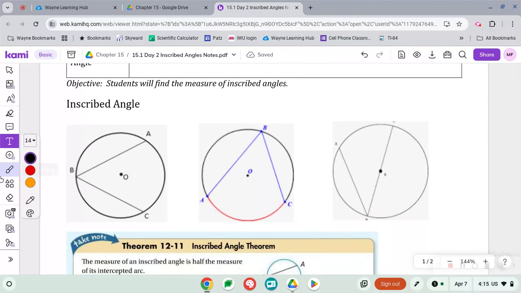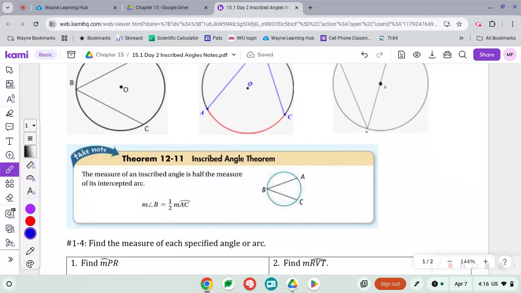All three of these are inscribed angles. Here the vertex would be B, and AB is a chord, CB is a chord. On this one, the vertex is also B. This one you can't see the labels, but down here this is the vertex and it's two chords. Now notice on this one it does go through the center, but it doesn't matter either way as long as the vertex is on the edge and you've got two chords.